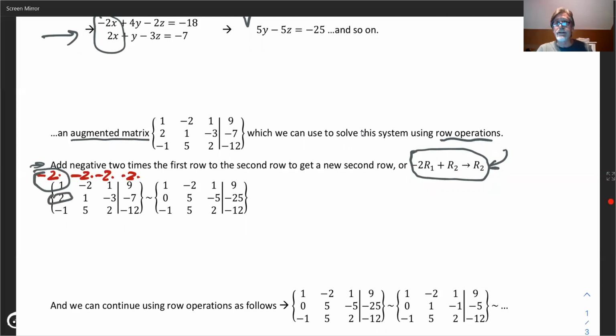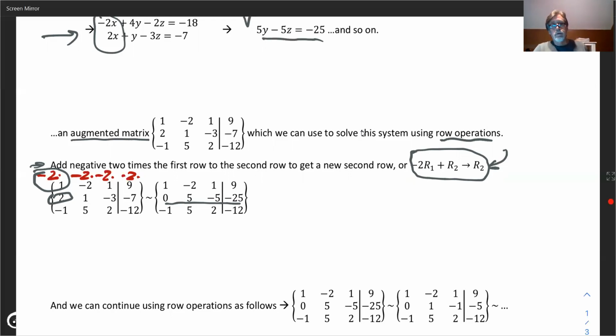We're adding those guys together. Okay, so that's how you're getting the 0 right there. And we've eliminated x, so to speak, right? So that's a good thing. And does this look familiar? You've got this new row 2, which is the same as this equation up here.